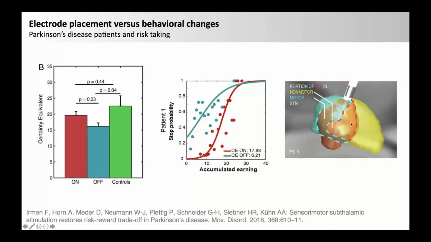So that could explain that those areas were not only connected to motor, but also to other areas of the cortex, and that this placement of the electrode made the whole difference whether this patient was changing in behavior or not. So quite a cool study, I think, looking at other effects that can change with an electrode turned on and off. We know that it's good for movement, but maybe we don't know all the consequences yet.